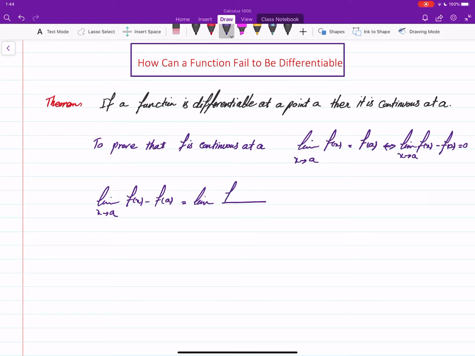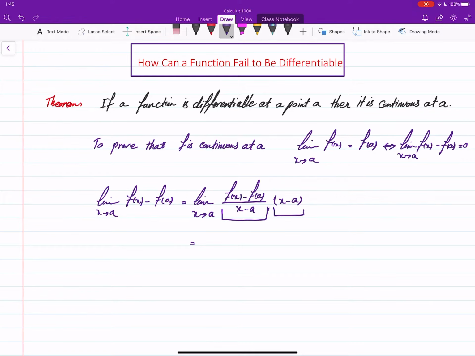So I will then generate that ratio of the differences. Since I divided the whole thing by x minus A, I can multiply it by x minus A also. Okay? Then, you see these two pieces here, this one and this one.